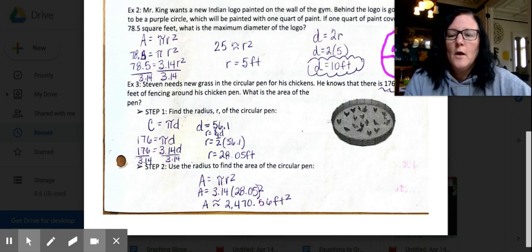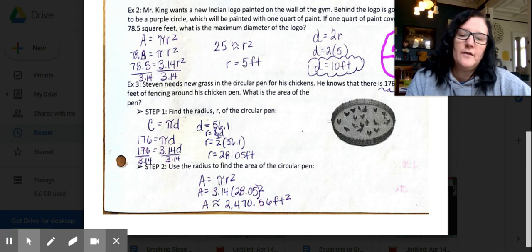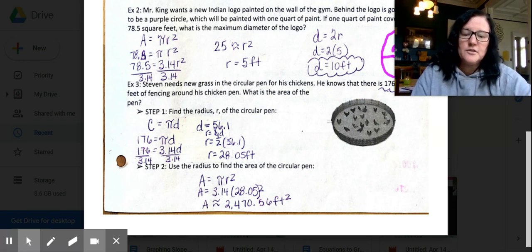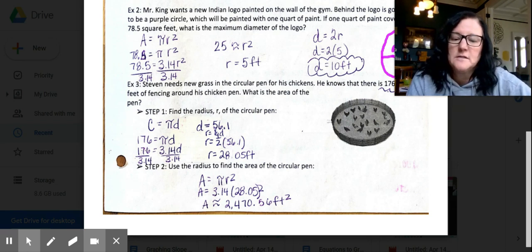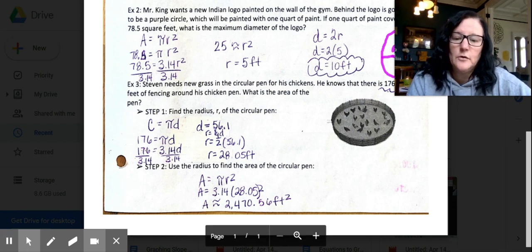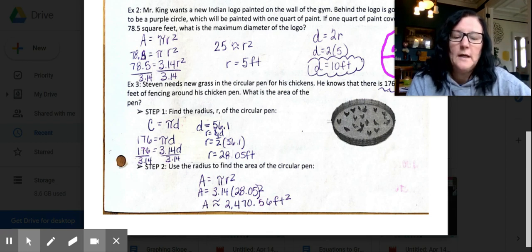So finding area: write your problem, substitute in what you know, and solve. Okay, so let's skip this step 1 where they tell us and we figured out that the radius was 28.05, because for your problems, they're just going to give you what the radius is. And let's skip down here to where it says the area is equal to pi r squared. So area is equal to 3.14 times 28.05 squared.